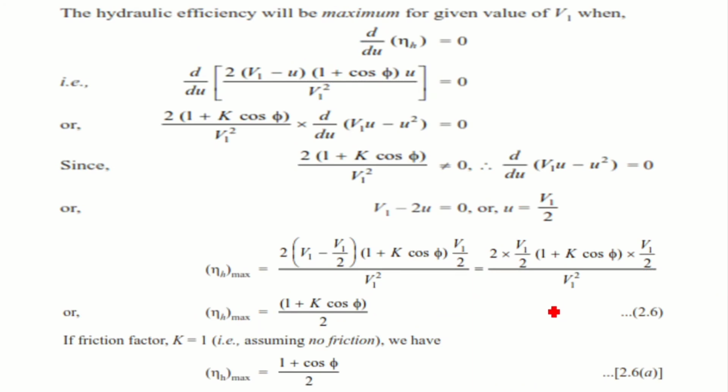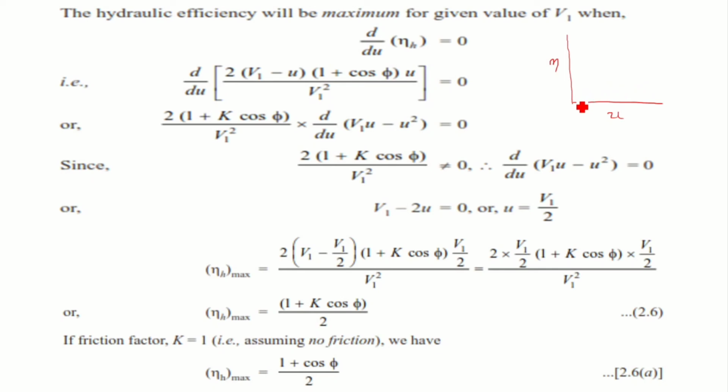Next, the maximum value of hydraulic efficiency. How will you obtain the maximum value of hydraulic efficiency? If we draw a curve between efficiency and velocity of the wheel, due to the impingement of the jet, the velocity of the wheel increases.